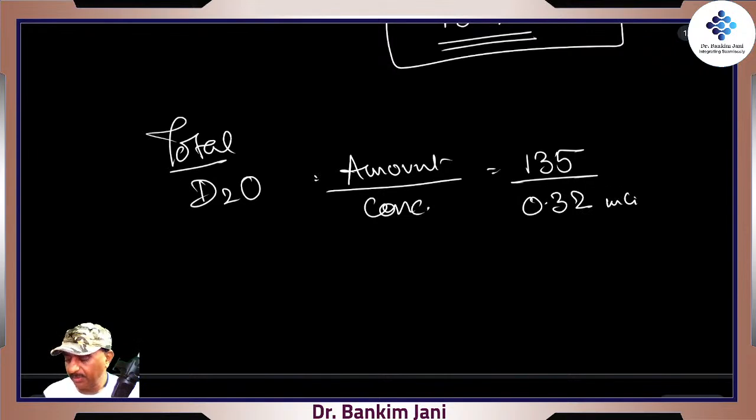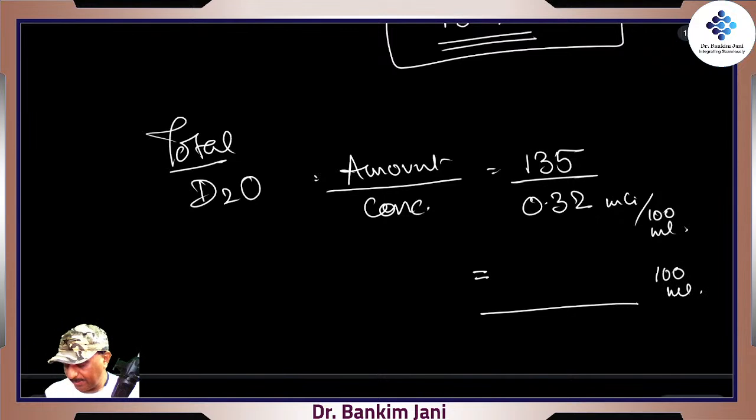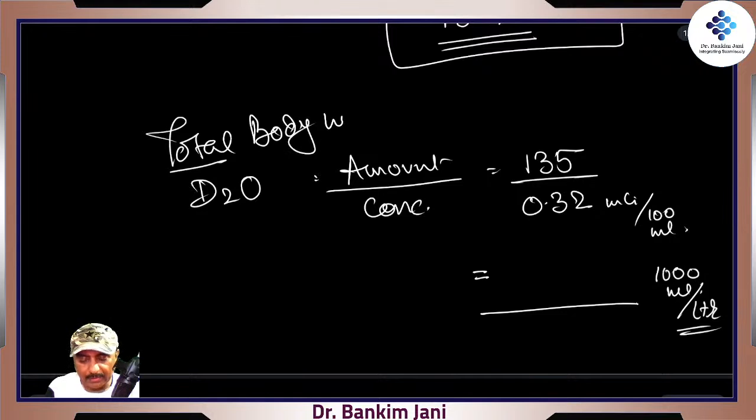Whatever number comes is for 100 ml, and we'll shift one decimal to make it for 1000 ml, or 1 liter. What's the number? Just let me know. Whatever number comes, this is giving us the total body water. Anyone who has calculated, just let me know.